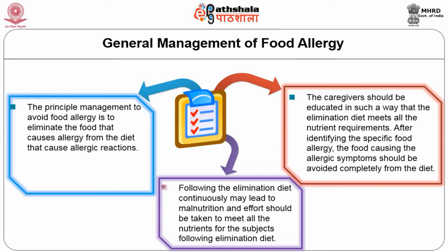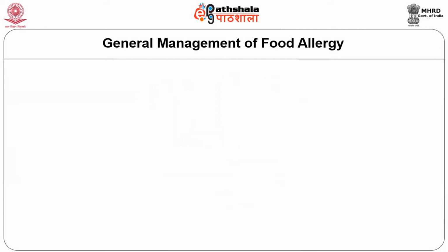After identifying a specific food allergy, the food causing the allergic symptoms should be avoided completely from the diet. Successful avoidance of food allergens is based on the following criteria. Let us see the criteria.